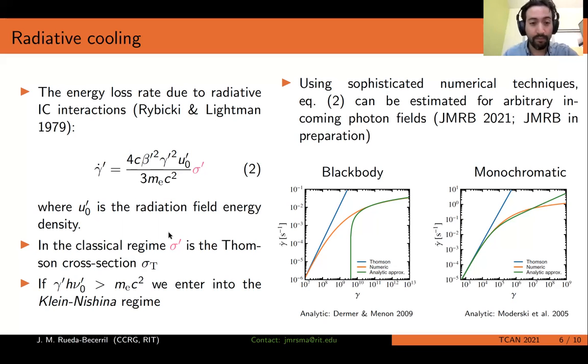And I didn't stop to show the whole Klein-Nishina cross section because it's nuts, and I don't have that much time. But moving on, what I want to show you is that I developed this numerical technique to calculate the inverse Compton cooling, the radiative cooling, taking into account the Klein-Nishina corrections numerically.